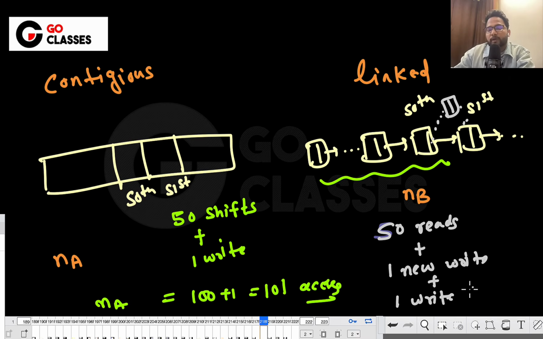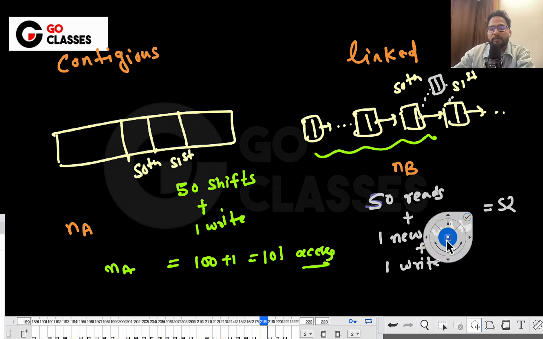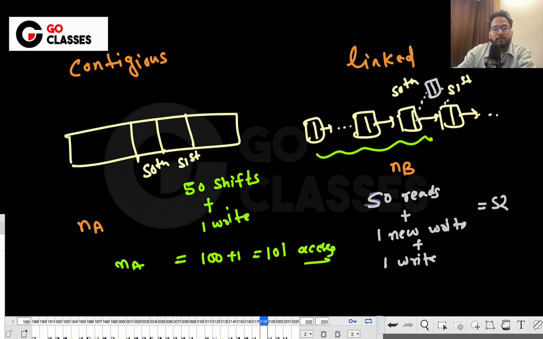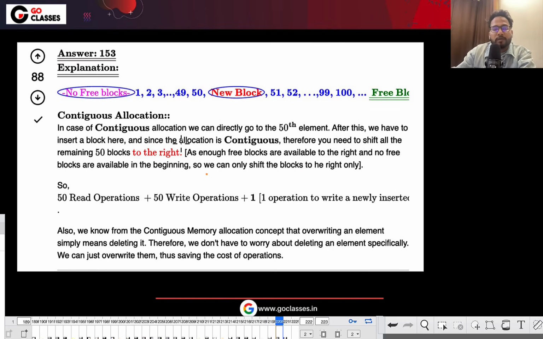So here 52, there 101. They are asking for NA plus NB, which will be 101 plus 52, which is 153. So you should try this question, and the final answer is 153.